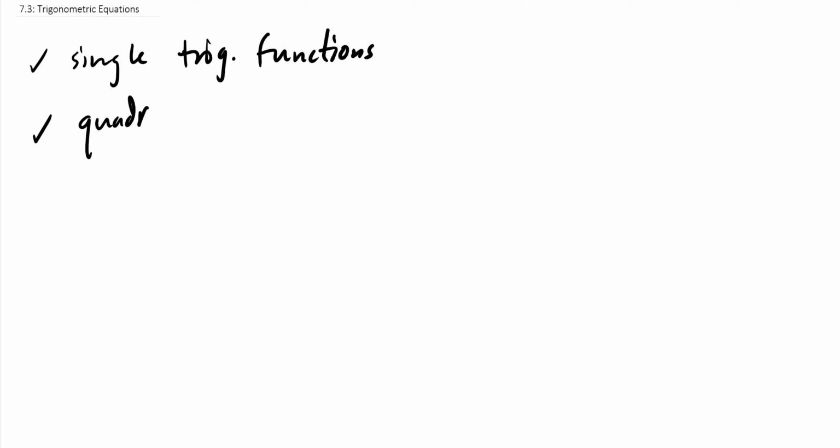We're going to look at how to solve single trig function equations. So it's either only sine or only cosine or only tan, cosecant, secant, or cotangent. We're also going to look at those involving quadratic trig functions.